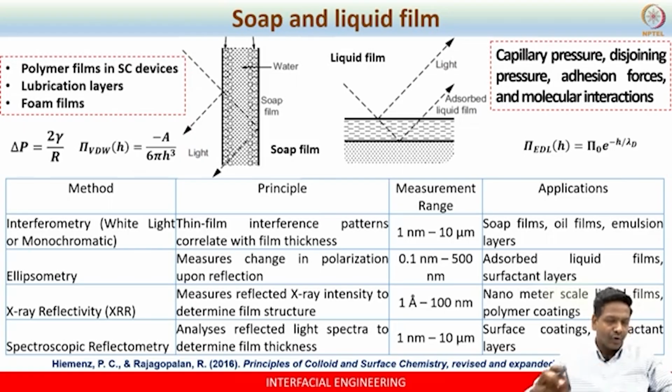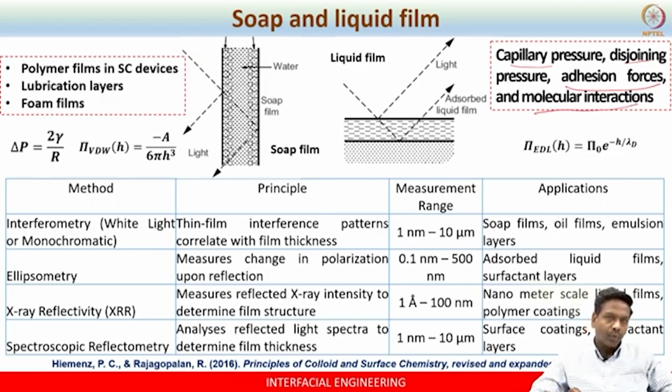So this interferometry, if you use interferometry, so basically you will be assessing, right, finally you will be able to assess or calculate the capillary pressure, disjoining pressure, adhesion force, and finally you will be able to assess molecular interactions, right.